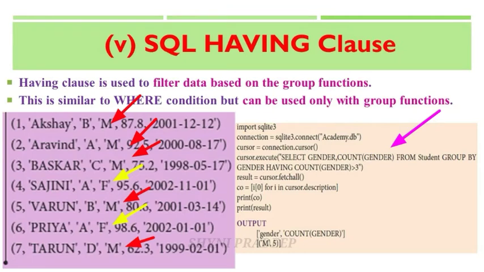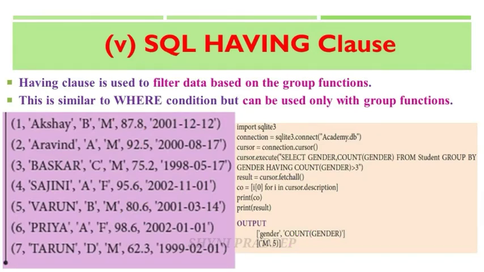Here you have to print the gender having count greater than 3. Which gender is greater than 3, F or M? Female is 2, but male is 5. So male is greater than 3. So it will be displayed on the output screen like this. M5. Okay. So these are the clauses in SQL.